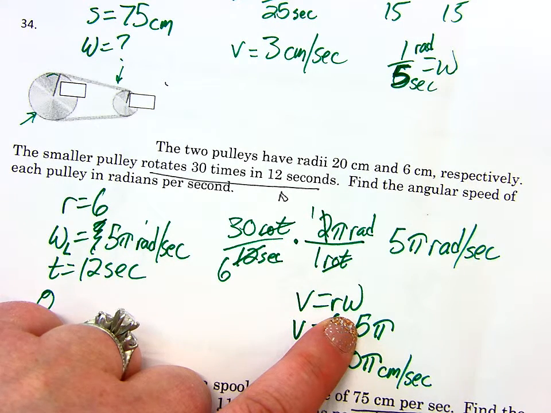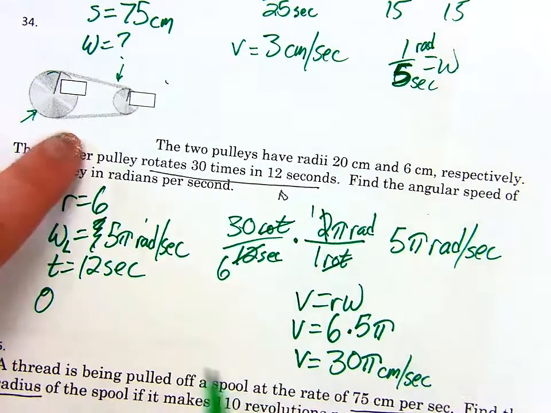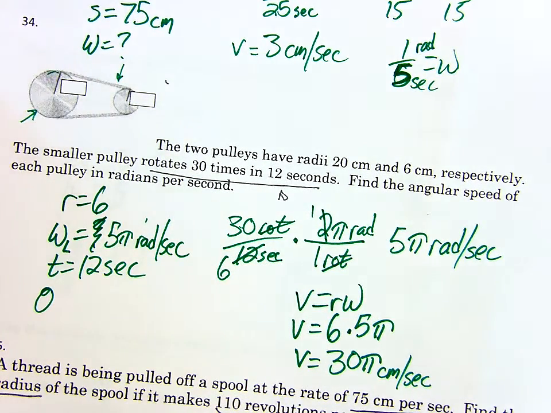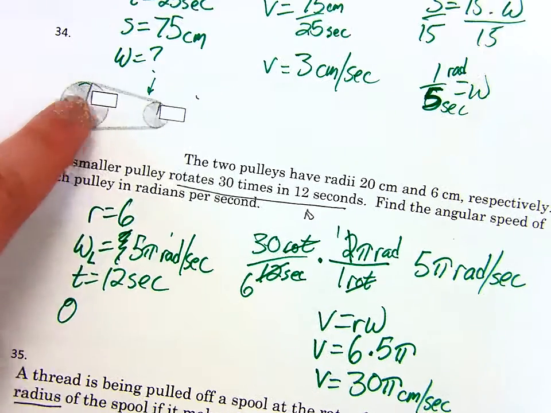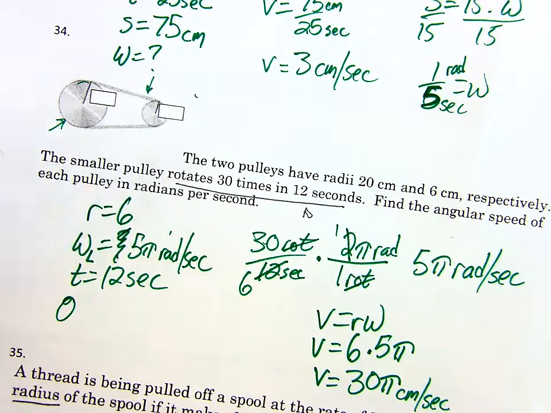Does that make sense? Do we all agree that the linear speed of the chain is the same everywhere? That's what connects these two gears to each other, that belt, that chain, whatever.